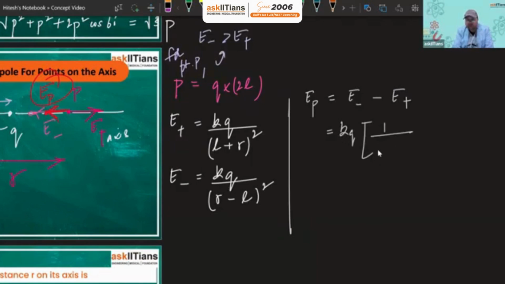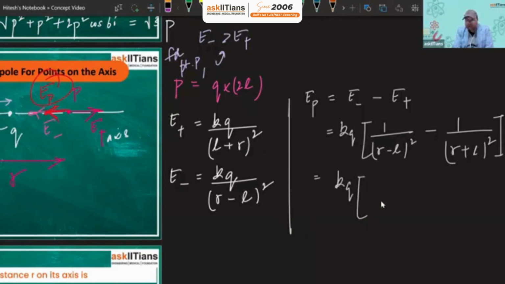So I'll be putting 1 upon (R minus L) whole square minus 1 upon (R plus L) whole square, right? So then you see, I'll be getting this thing, KQ, right? Then we'll be having the LCM. So we'll be having R square minus L square, whole square, right?